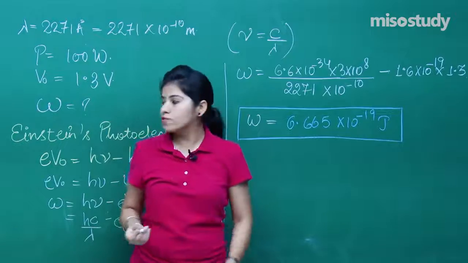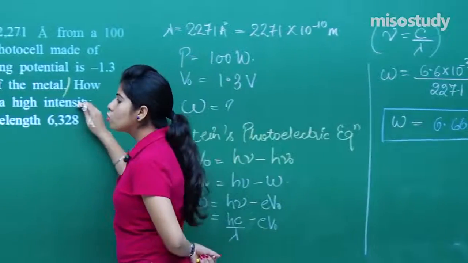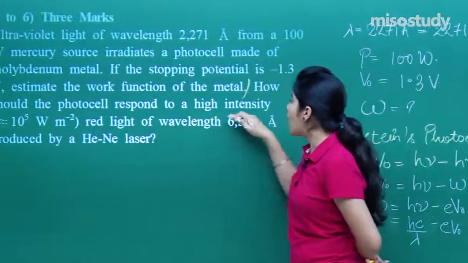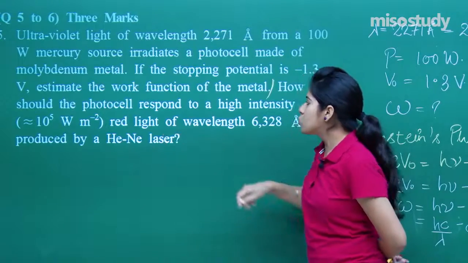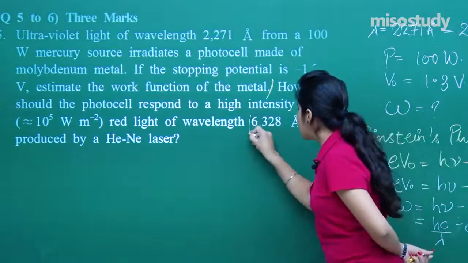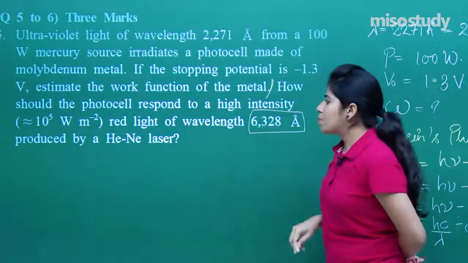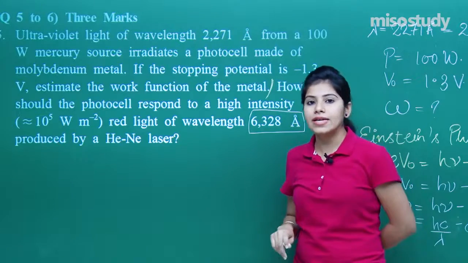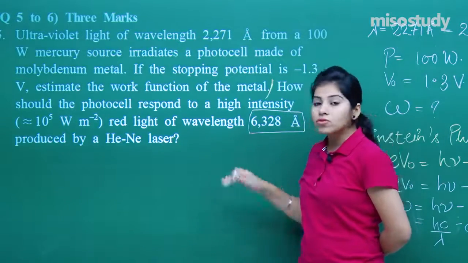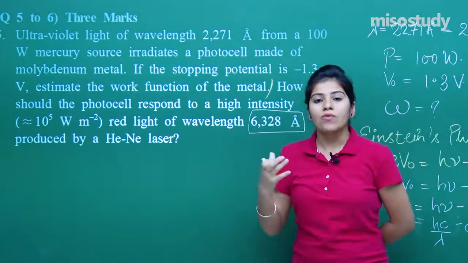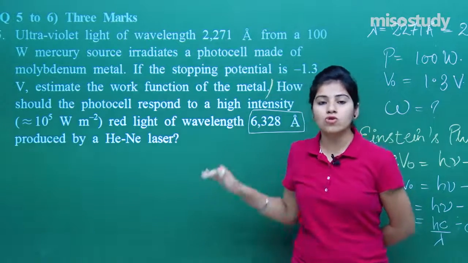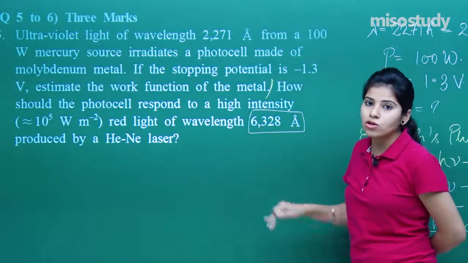Now, further, what do we have to find? How should the photocell respond to a high intensity red light of wavelength 6328 angstrom produced by a helium neon laser? We have to tell whether the photocell is going to respond to this particular wavelength or not.